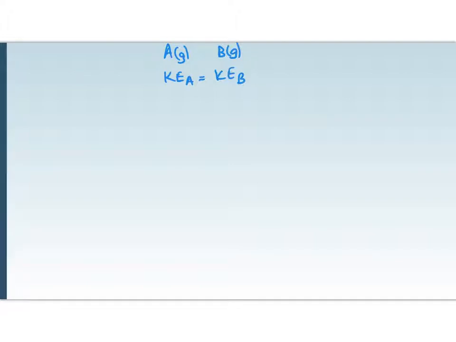So what was the formula of kinetic energy in physics? It was 1 over 2 m v squared. In this case, instead of m, we're using the molar weight of the gases: 1 over 2 times molar weight of A times velocity of A squared equals 1 over 2 times molar weight of B times velocity of B squared.